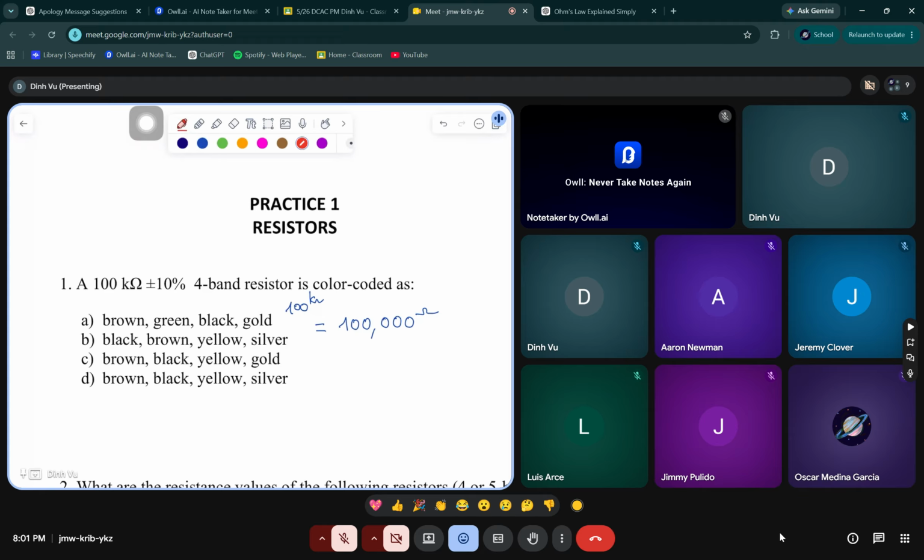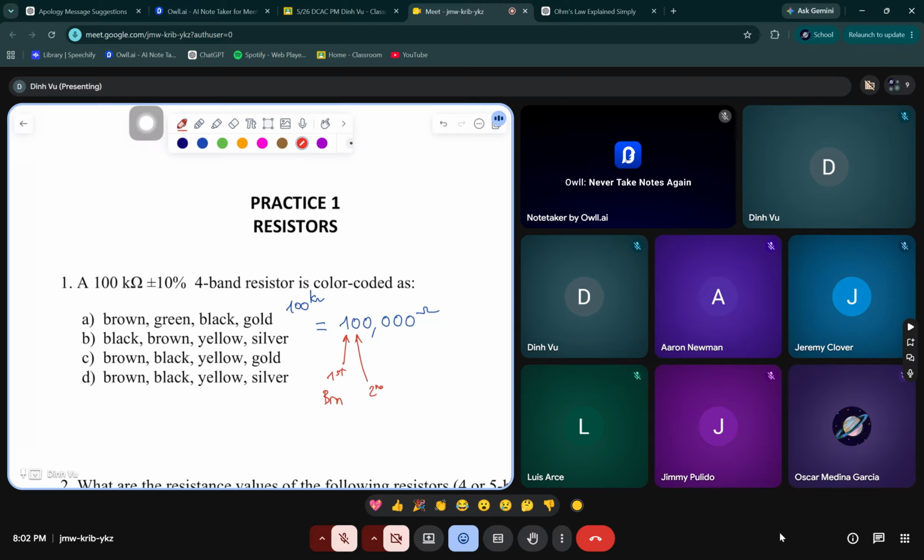So the first digit is 1. What is the color of 1? Brown. Okay, the first digit. The second digit is 0. So the color is black.